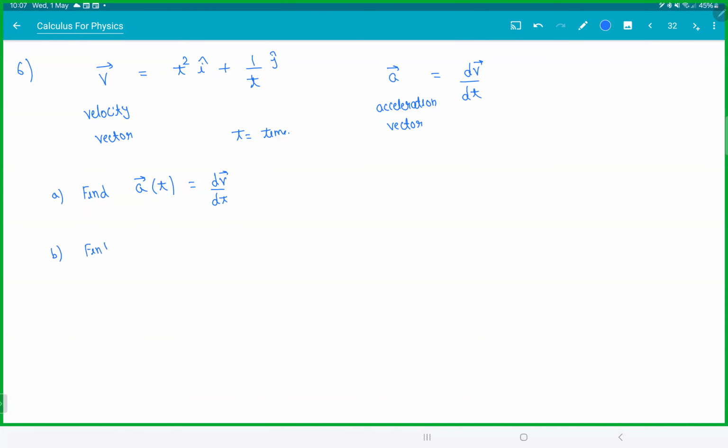The second question: find the time when a bar is perpendicular to v bar.